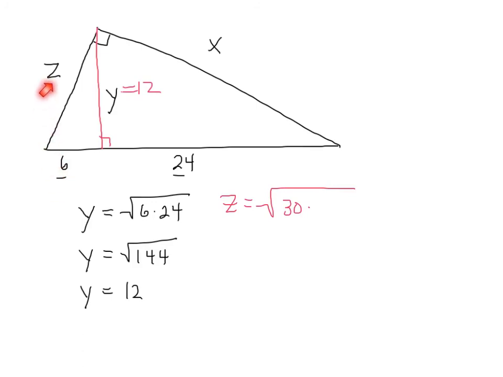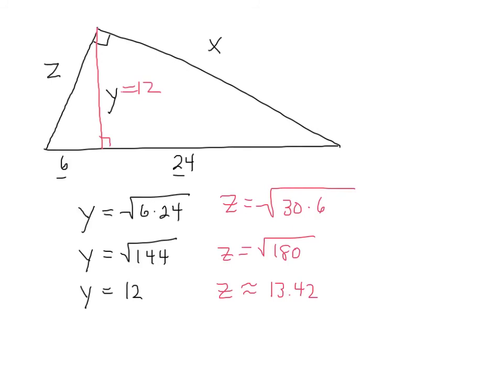So we're finding z, so we're going to use 6. So it's 30 times 6, or z equals the square root of 180. Now that one's not a nice even square root. So we're going to say that z is approximately 13.42. And I chose to go out 2 decimal places.